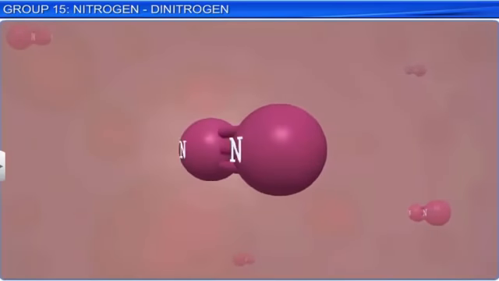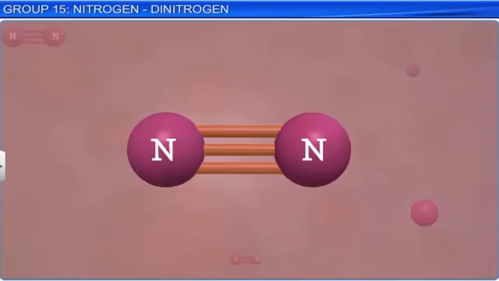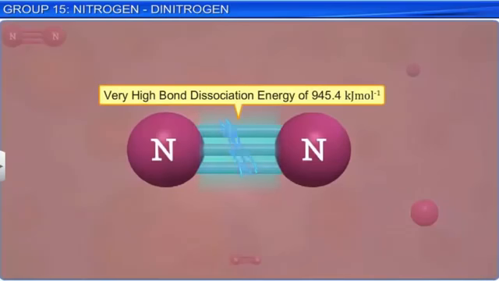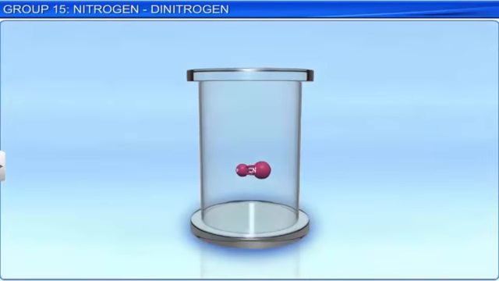A molecule of dinitrogen consists of a triple bond that has a very high bond dissociation energy of 945.4 kilojoules per mole. Hence, dinitrogen is inert at room temperature.